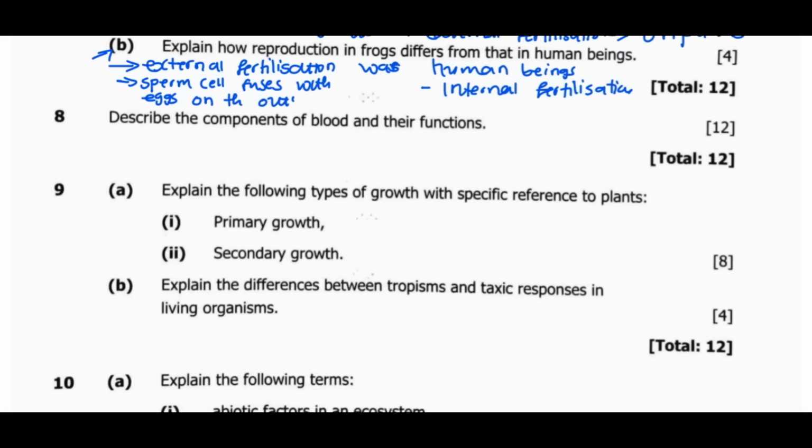Then let's look at question 8. Describe the components of blood and their functions. So what are the components of blood? So the first component of blood, we can look at plasma. Now plasma is just the liquid part of blood.